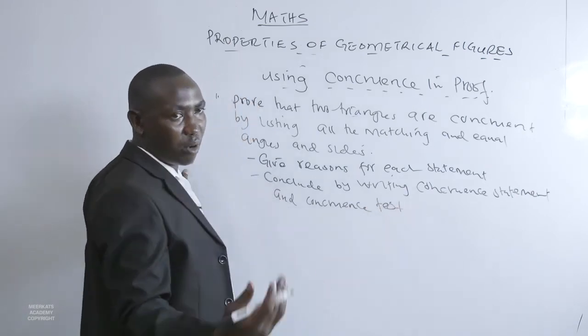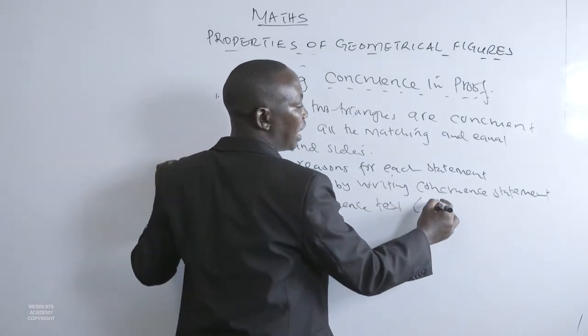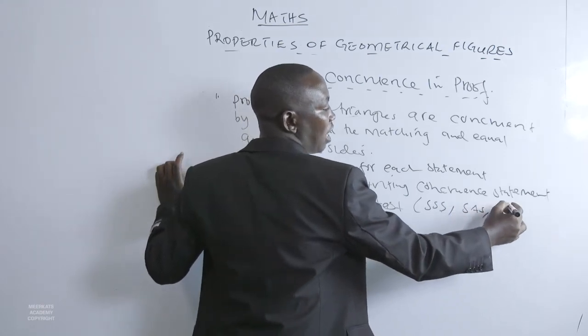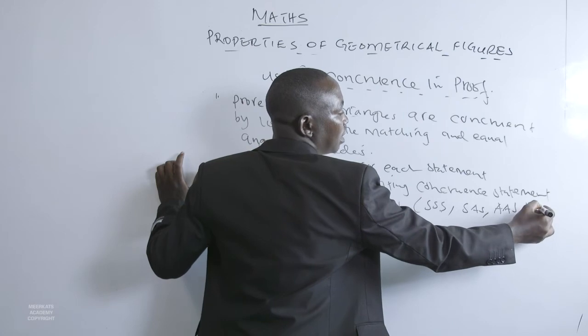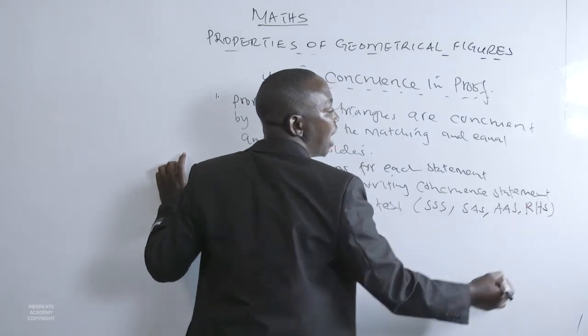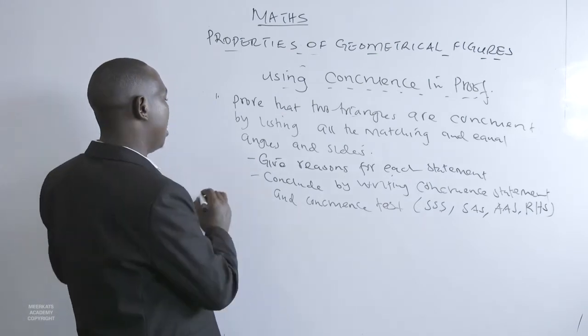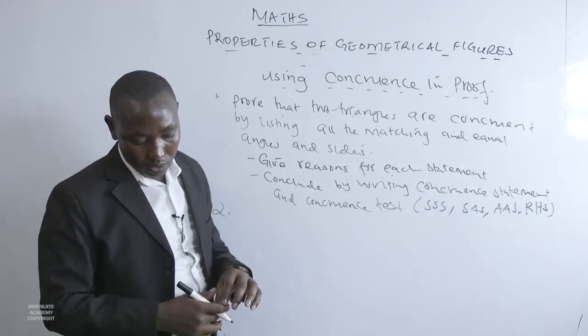Which test were you able to use? Was it the side, side, side? Was it the side, angle, side? Was it the angle, angle, side? Or did you use the right angle, hypotenuse, and side test? You should be able to give that allusion.